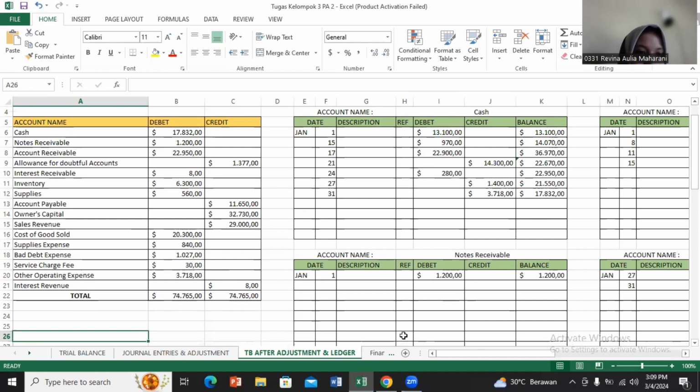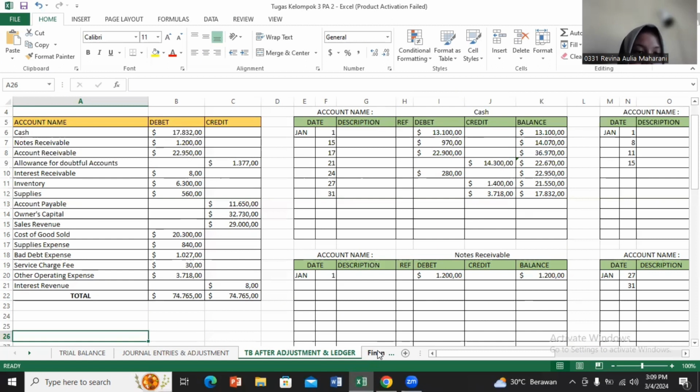Service charge fee in debit $30. Other operating expense in debit $3,718. Interest revenue in credit $8.